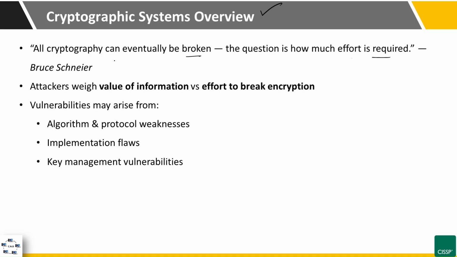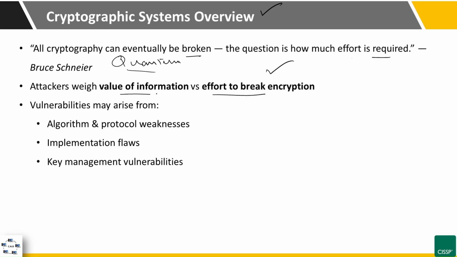For example, now we are talking about quantum computing, and one worry about quantum computing is that it can break today's encryption standards very easily because it has immense power. So attackers weigh the value of information versus the effort to break encryption.